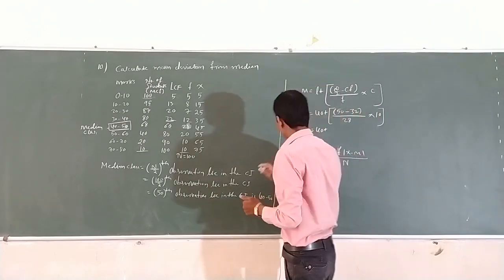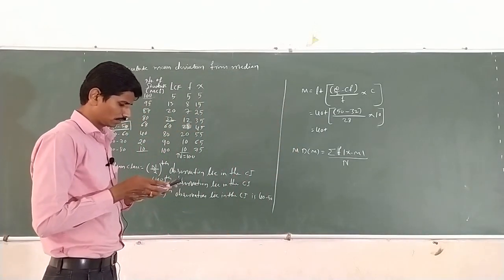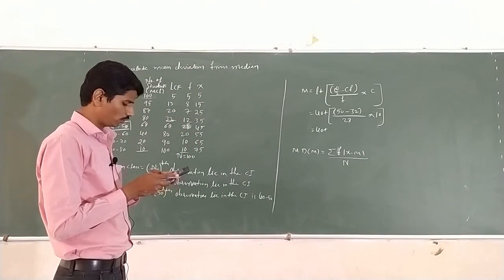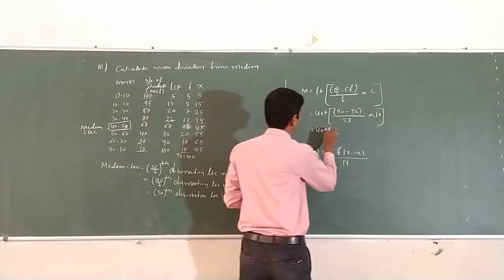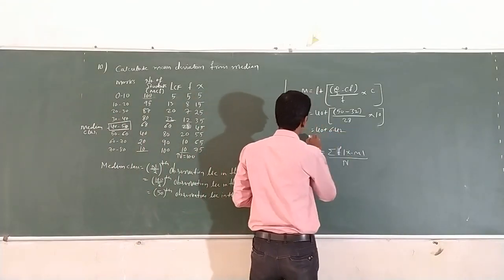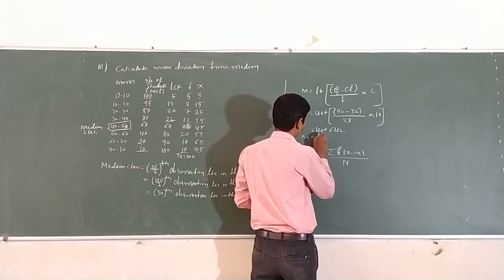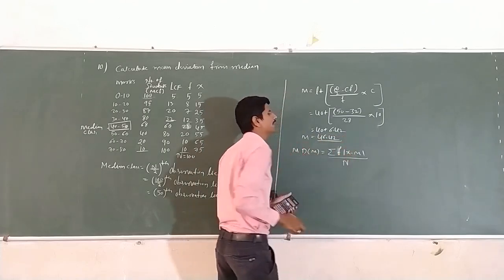Here 40 plus 50 minus 32 is 18. 18 divided by 28 is 0.64 into 10, then we will get 6.42. Then median equals 40 plus 6.42, which is 46.42. That is the median value.